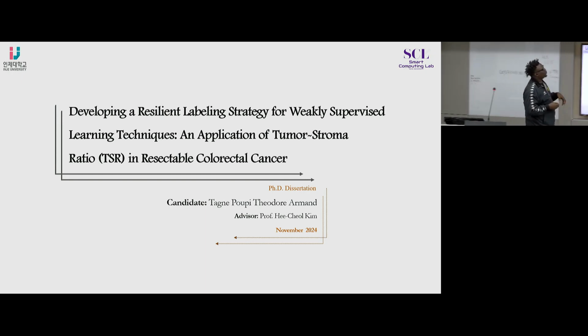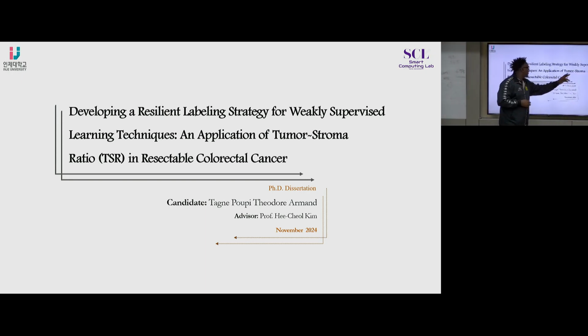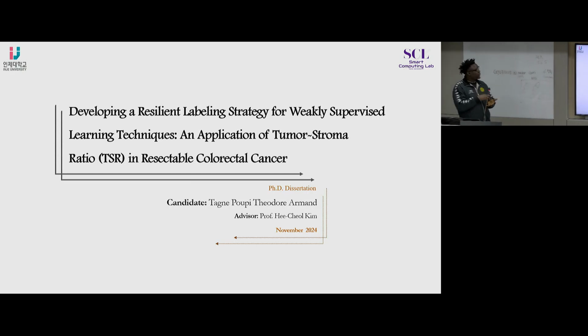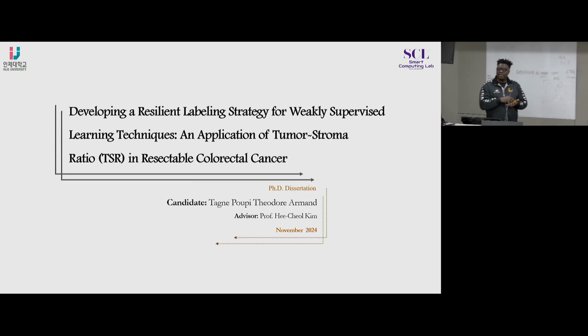We evaluate what portion of stroma is inside the tumor area. In clinical practice, it is proven that if the stroma is high, then the patient will not live long. So it is associated with the prognosis of the disease. That is why they check.